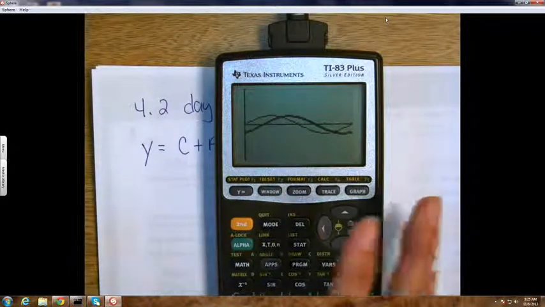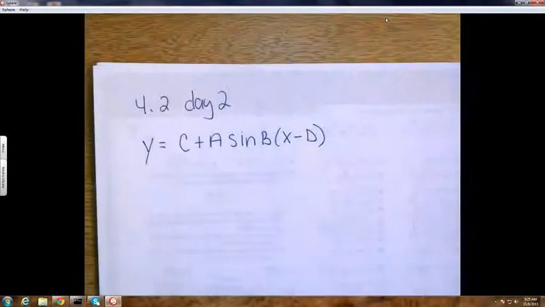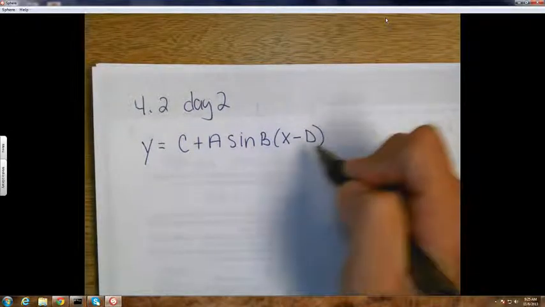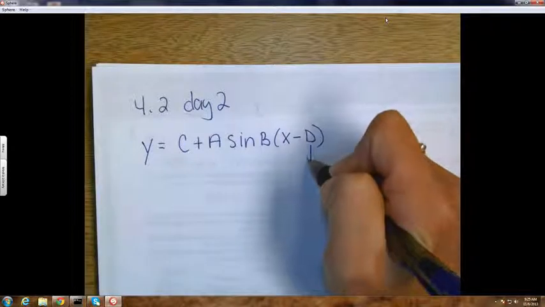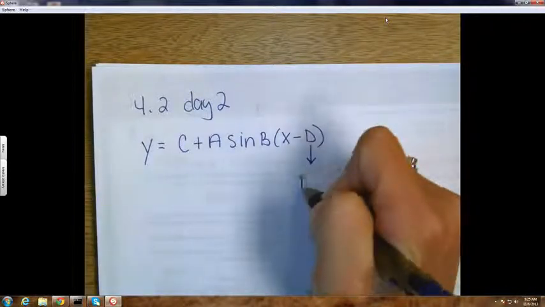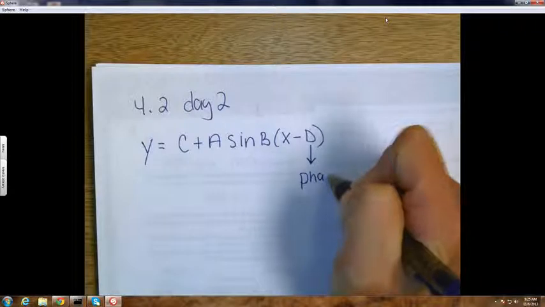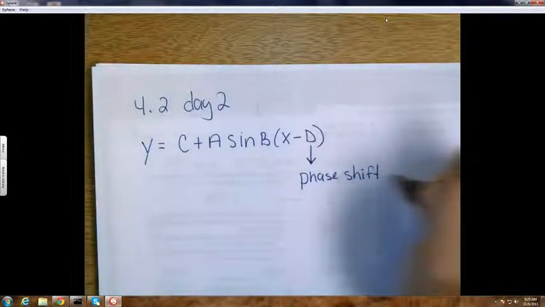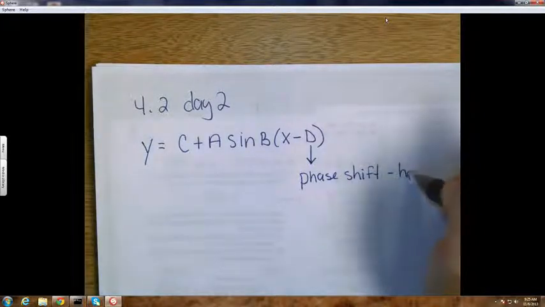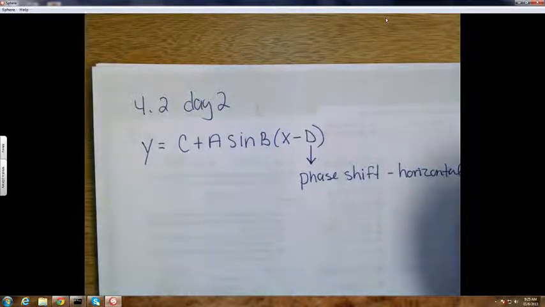So this is called a horizontal shift or a phase shift. So the D, that went to the right, even though I put in a minus pi over 3. And we'll emphasize that too. A little plus goes to the left. This is called phase shift, which is a horizontal shift.